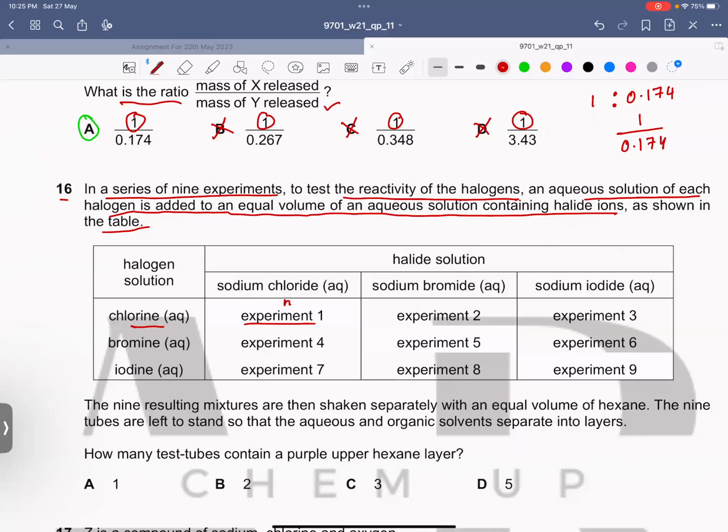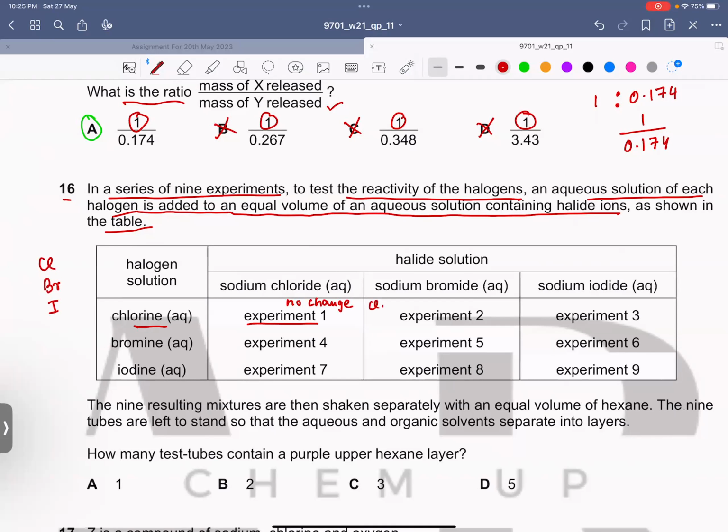So we can say that there is no change because chlorine is there and chloride is there. If you recall their positions, there is chlorine, bromine, and iodine. So chlorine is above bromine and bromine is above iodine in the periodic table, right? So when I add chlorine to sodium bromide, I am just removing the spectator ion.